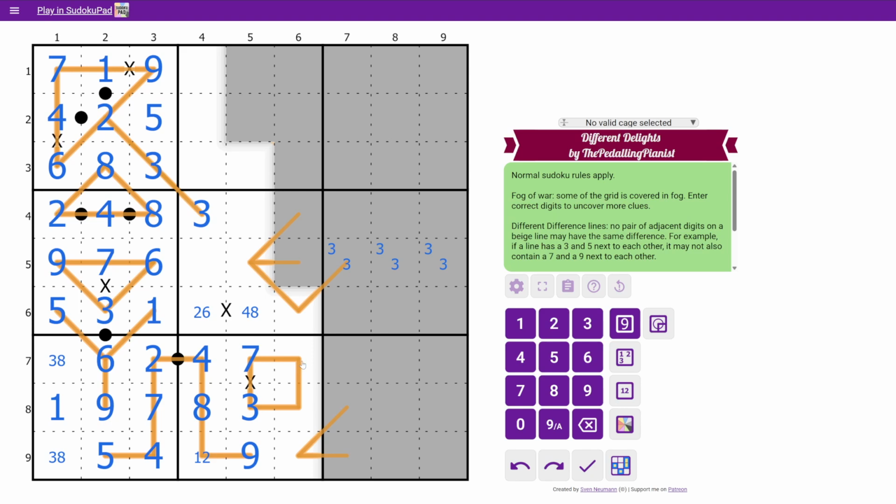A 5 and 6. Go over there somewhere with a 1 or a 2. This is a 1 or a 5.